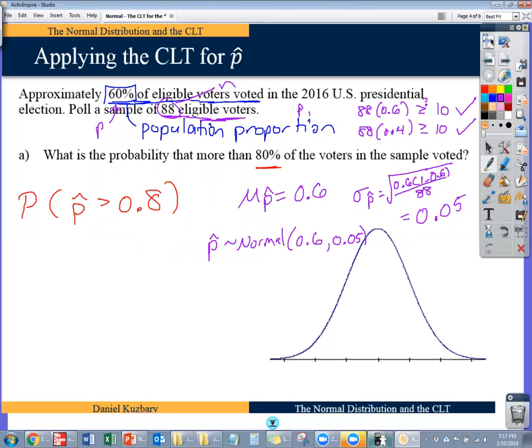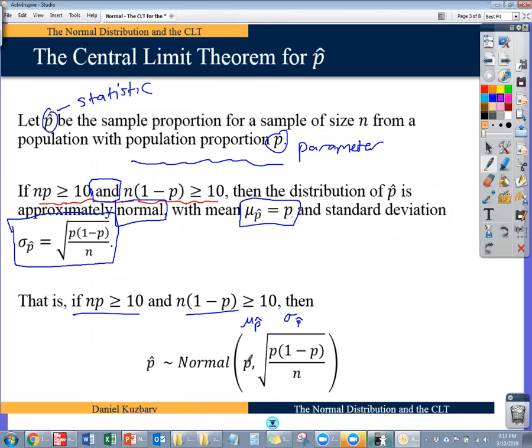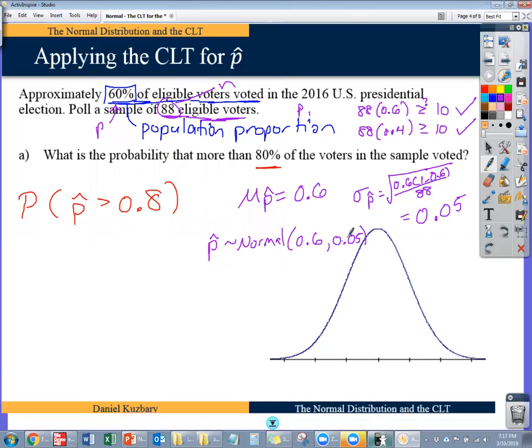In other words, I've just taken these two formulas from the central limit theorem and said this is my mean and this is my standard deviation. My mean is 0.6, that's p. My standard deviation is 0.05. So just to make it clear what I'm doing, this is the same kind of thing we did with the sample mean. It's just the formula is different.